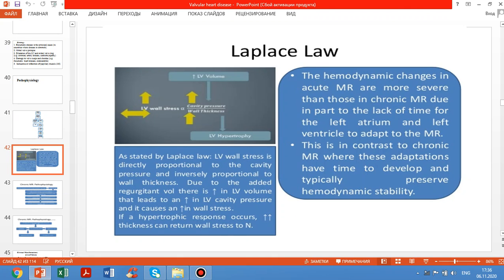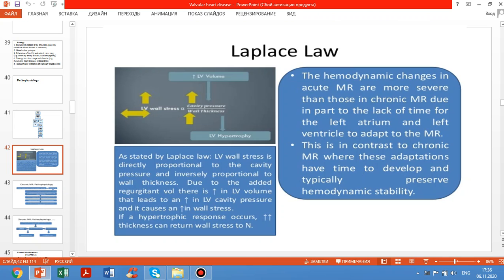In mitral regurgitation, the Laplace law applies. As stated by the Laplace law, left ventricular wall stress is directly proportional to the cavity pressure and inversely proportional to wall thickness.